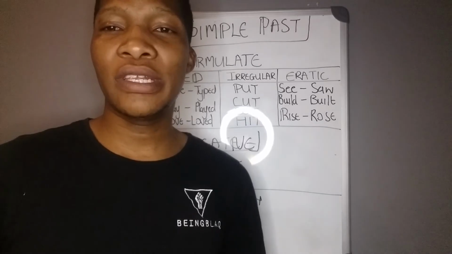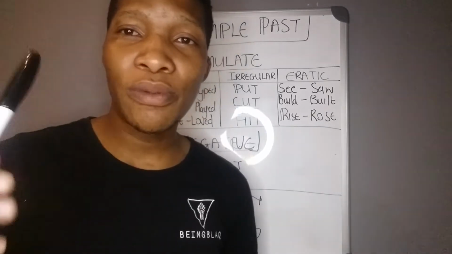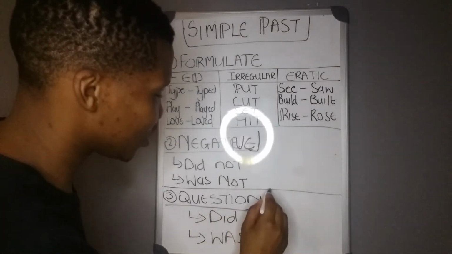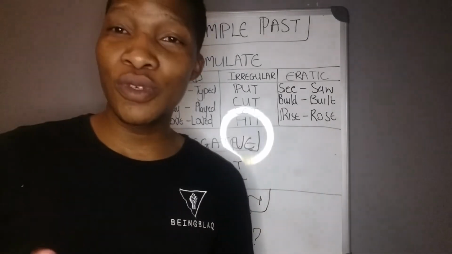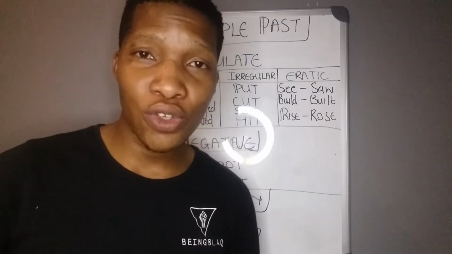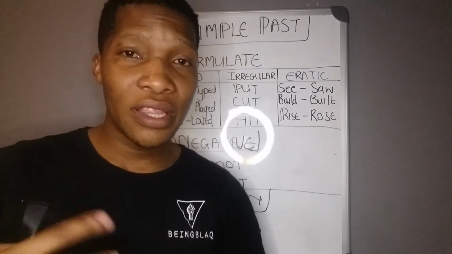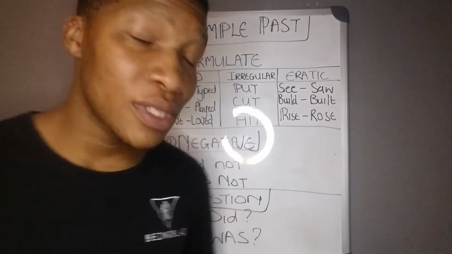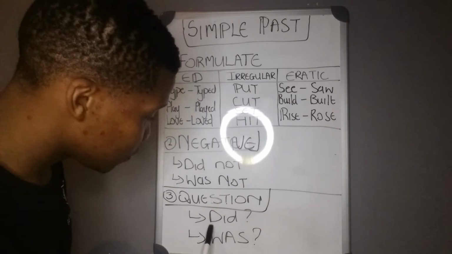Last but not least, you can also use a simple past question. Number 3, question. You can create a question in the past simple tense, and you use these phrases to start.